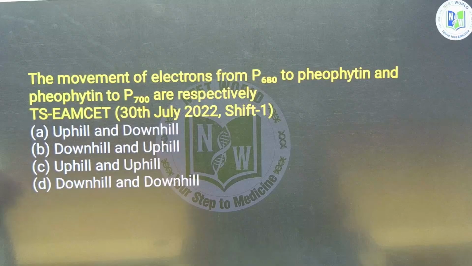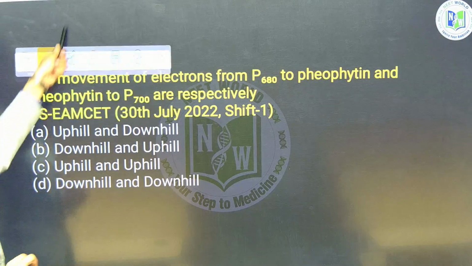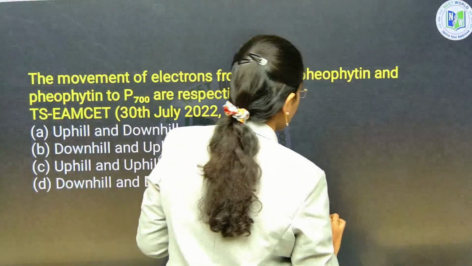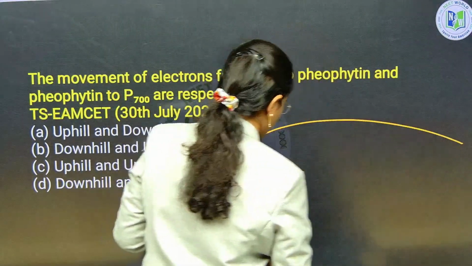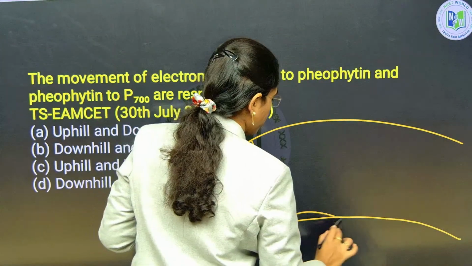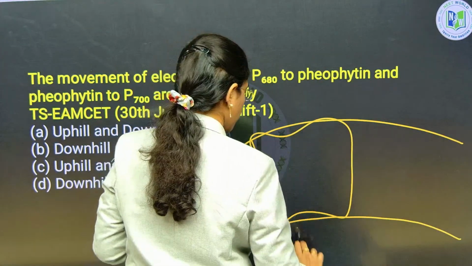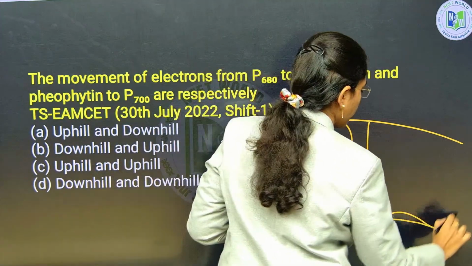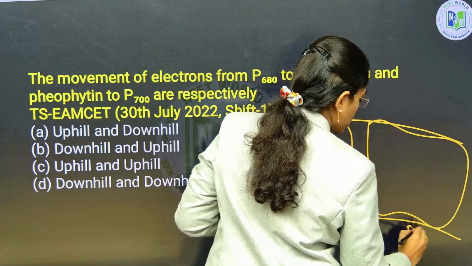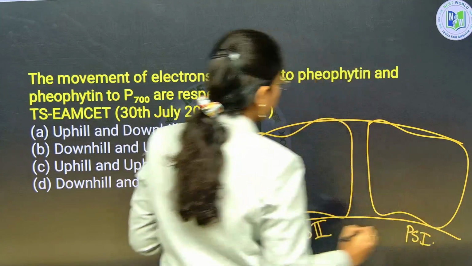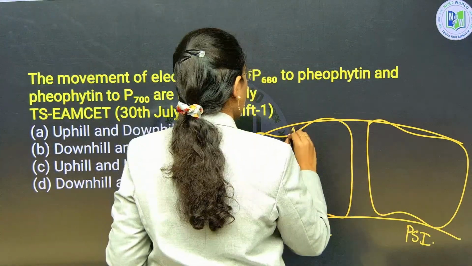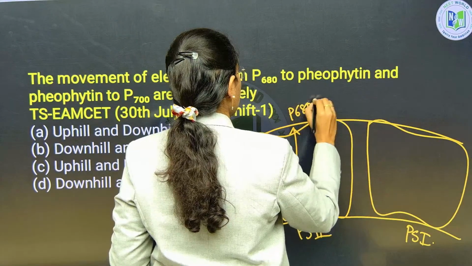The movement of electrons from P680 to pheophytin and pheophytin to P700. Look here carefully. Let us take the two photosystems, photosystem 2 and photosystem 1. In photosystem 2, the electrons excited at P680, this is uphill movement.